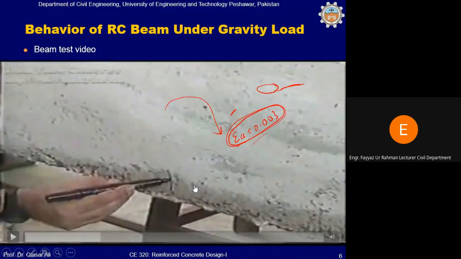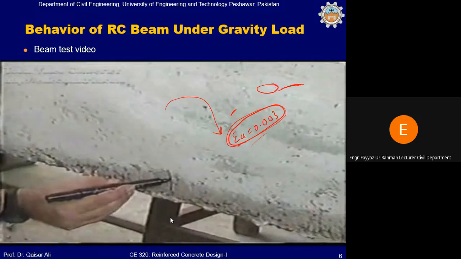At this stage, just before the appearance of the first crack, what will happen? What will be the distribution of strains and stresses in the concrete? So you know that before the appearance of the crack, there will be linear distribution of stresses and strain in the concrete, in the reinforced concrete section. यहाँ तक clear है ना?